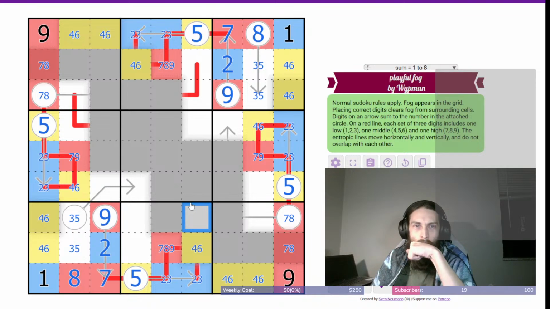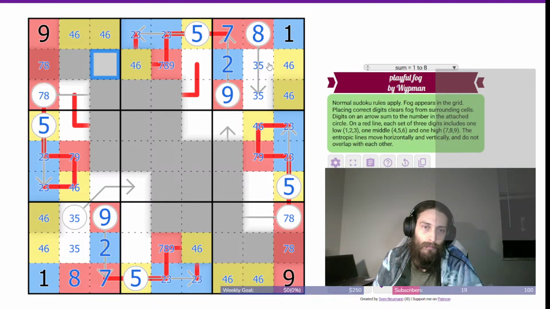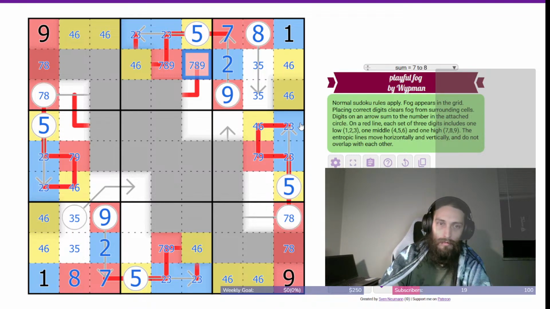In row 2, the third red is not in box 1 because it already has 3. And it's not in box 2, therefore the last one there is. You mean not in box 3? Yeah.